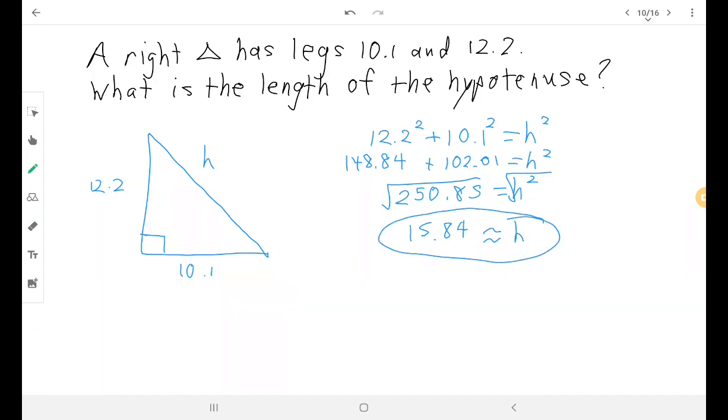And that's how you apply the Pythagorean theorem. I'll give you a moment to look at that. And let's move on to the next question.